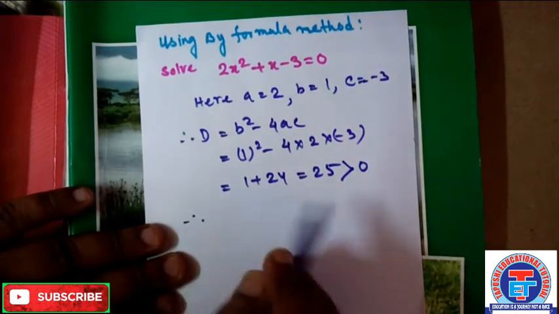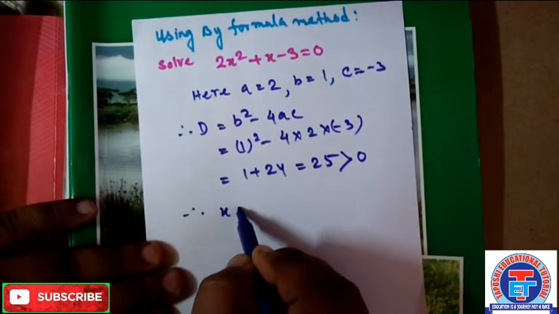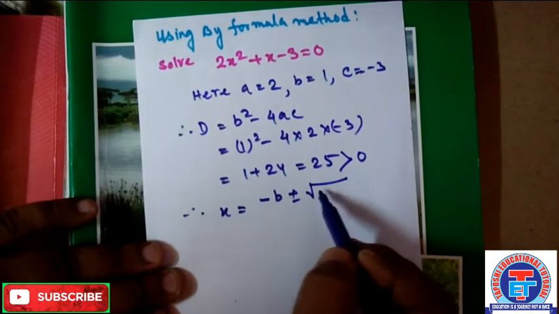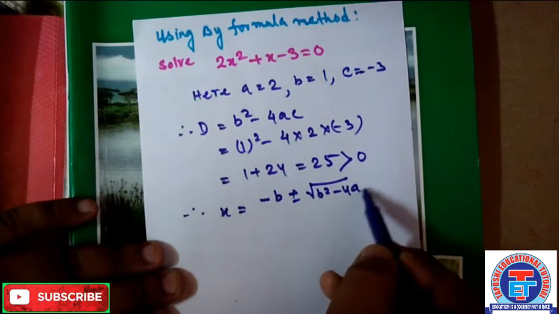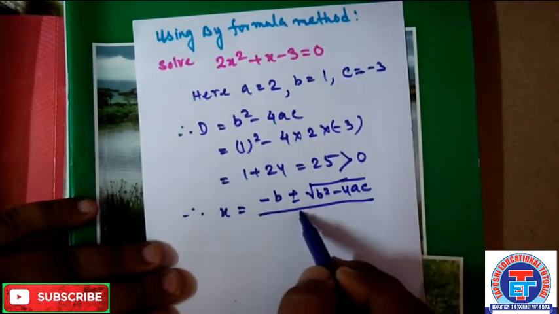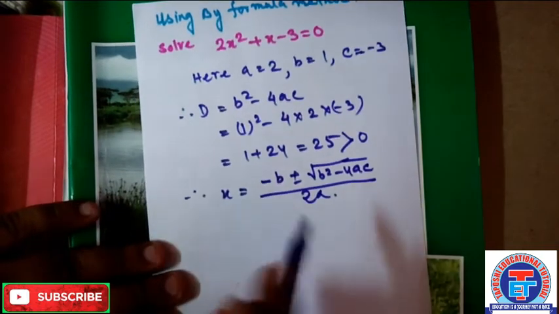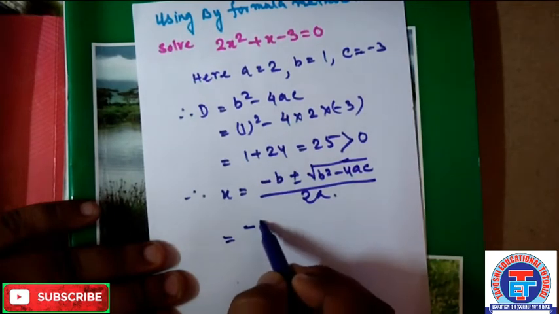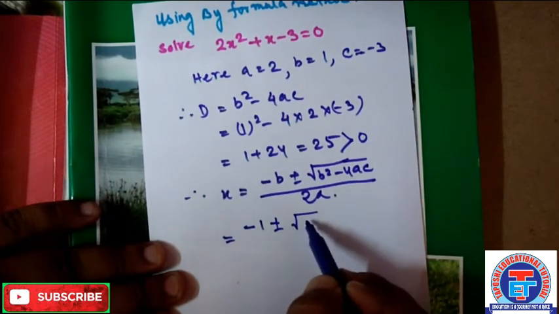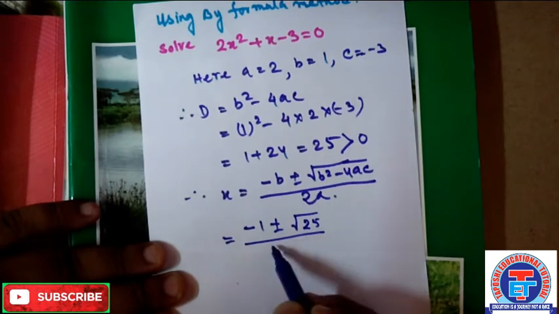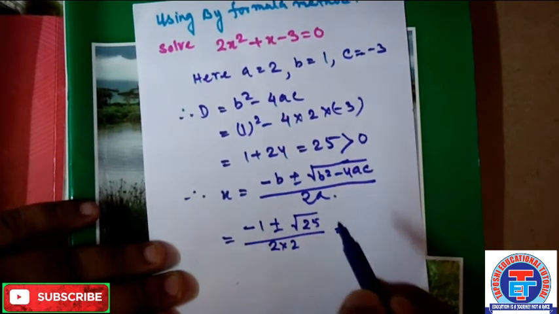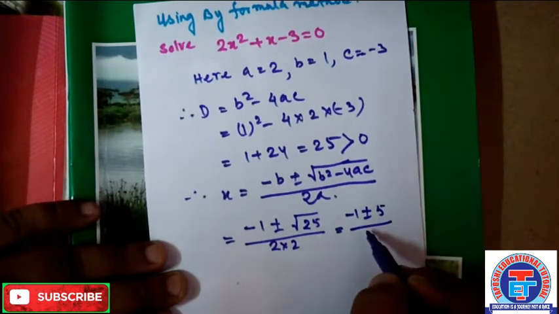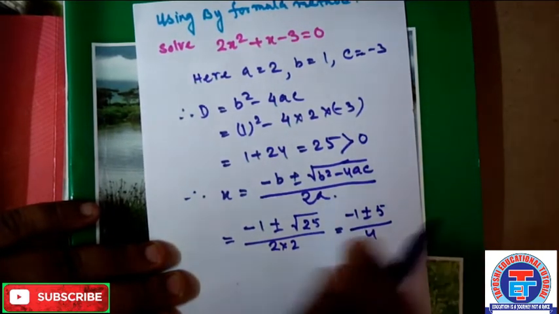So therefore x is equal to minus b plus minus root over b square minus 4ac divided by 2a, right? So we put this value, we will get minus 1 plus minus root over 25 by 2 into 2, it will become minus 1 plus minus 5 and 4.